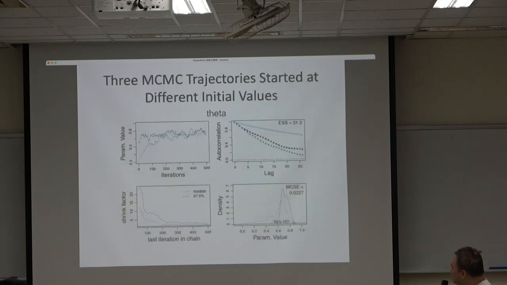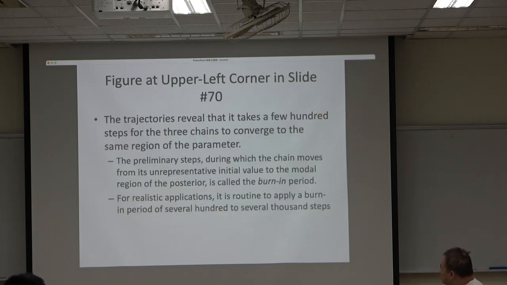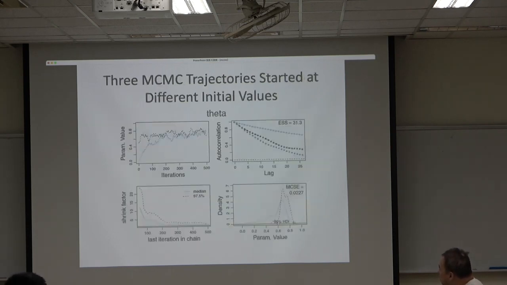But you may wonder why this one doesn't look like that. You can see there are three chains in the upper left figure, but these three chains do not mix so well. Why? Take a look at the iterations. This is the first 500 iterations.